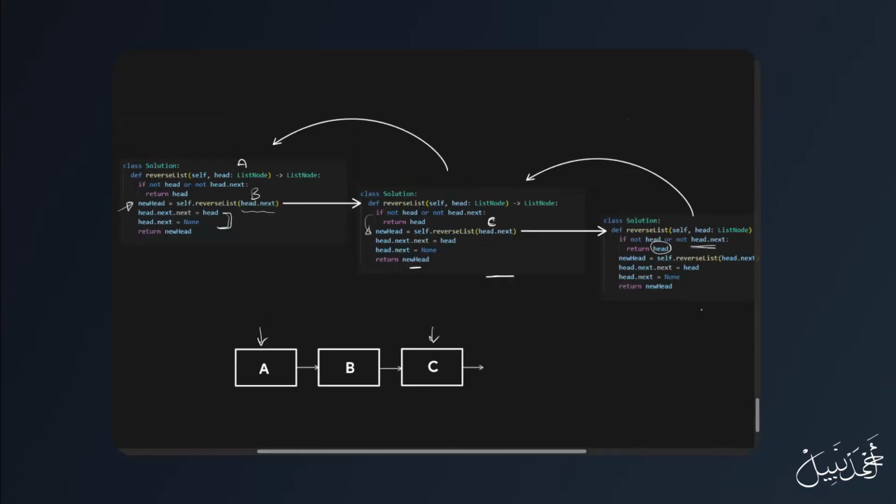So going back to the middle, we have C as our new head, and our head is B. So we are currently at B, and we will modify it like this.